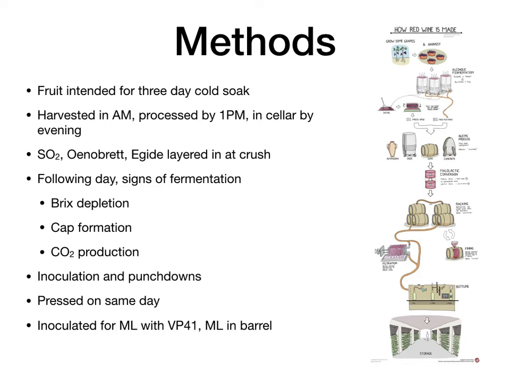So some additional observations for this: the folks that were working on this particular project really did make a note to say that this was not perfect fruit when it came in off the vineyard. There was just a little bit of evidence of volatile acidity even on the fruit that was coming in, and the fruit was pretty warm because it was harvested in the morning, but on a very warm day.